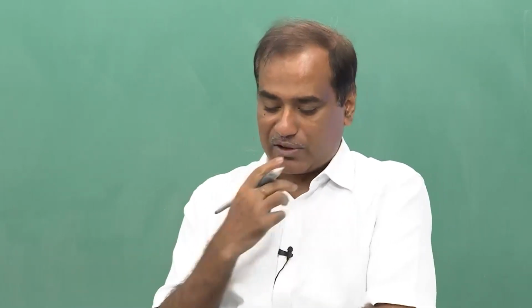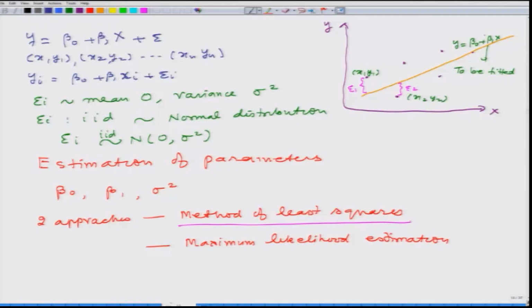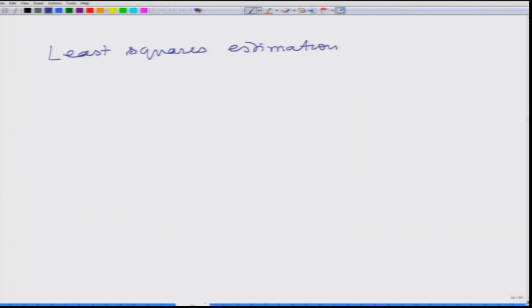If you see in this picture, the random error in the first observation is epsilon 1, in the second observation it is epsilon 2 and so on. In case you try to minimize the total error, which is the summation of epsilon i, i goes from 1 to n, can you really do it? If I say we have to minimize it, does it make any sense?